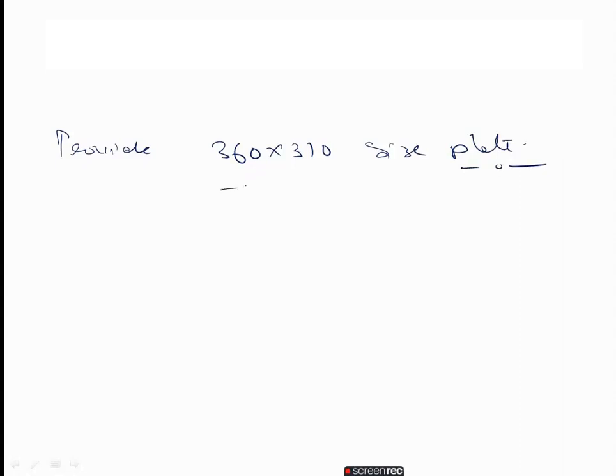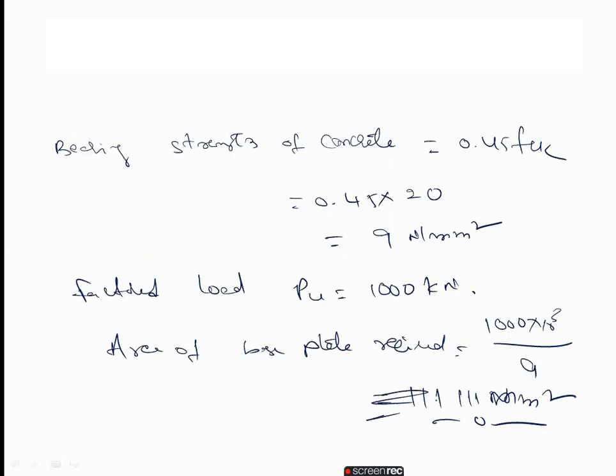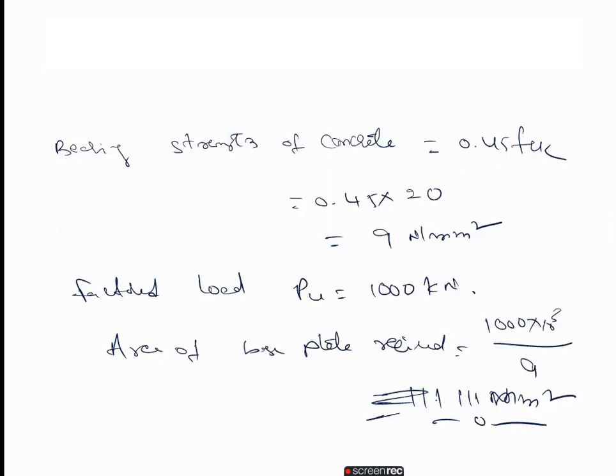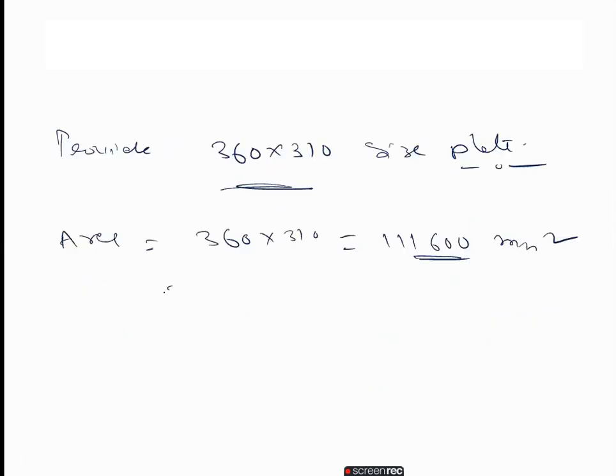If I multiply these two, the area of 360 by 310 is around 111,600 mm square, so it is nearer to this value. But how will we take exactly 360 and 310 and nearer to that? For that, you have to open the IS 800 code book. Okay, sorry, I have to open the steel tables.